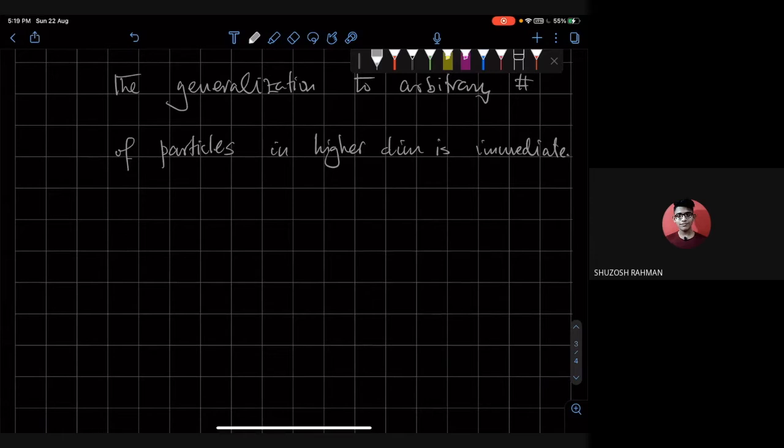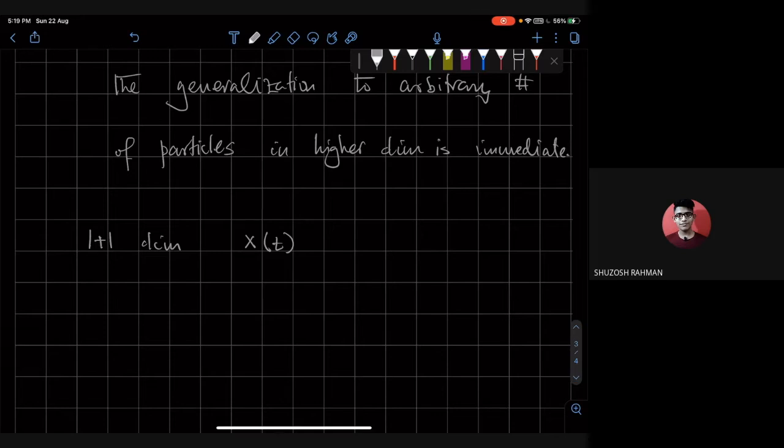So we are in 1 plus 1 dimension, so 1 spatial and 1 time dimension. So the position of the particle will be given by some real number x, and it's a function of t. Okay.